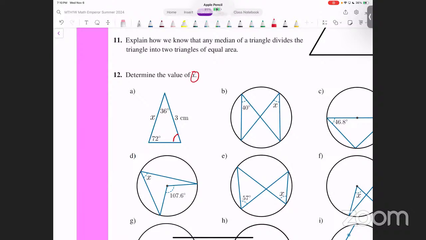Calculate the little angle and then tell me what do you get for that angle?